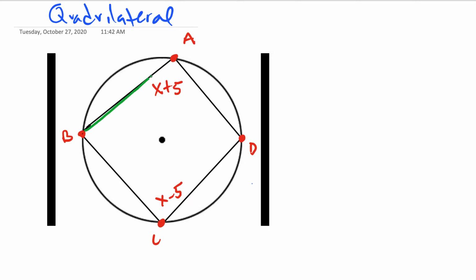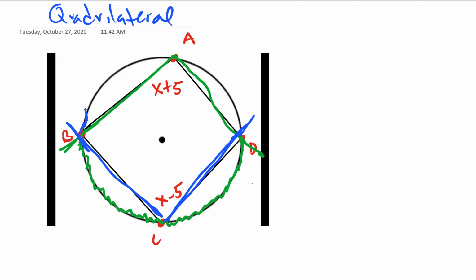So when we look at the one on top, I'm going to color it green. Okay, and I'm going to cut it off a little bit longer to see the arc that goes with it. So the arc in the mouth of that angle, angle x plus 5, is green. If I color in the angle below in blue and extend it, okay, I can see that the arc that goes with it here is in blue.